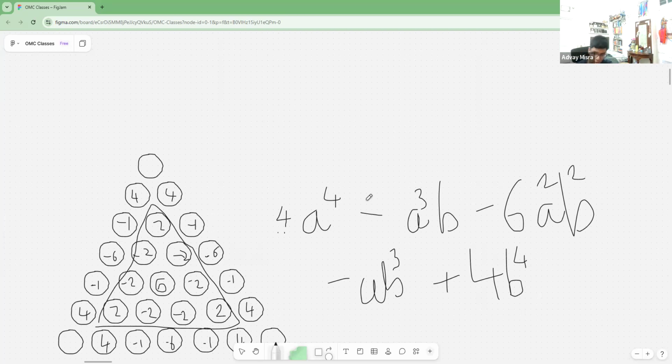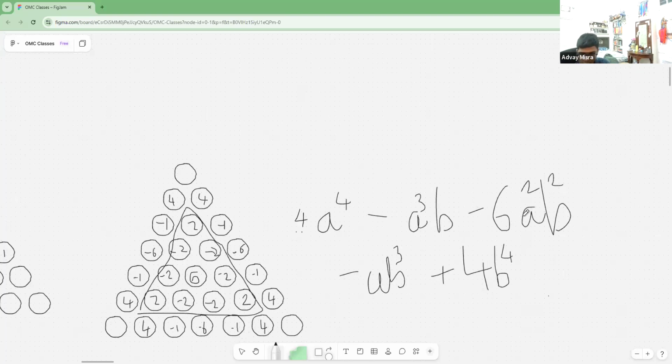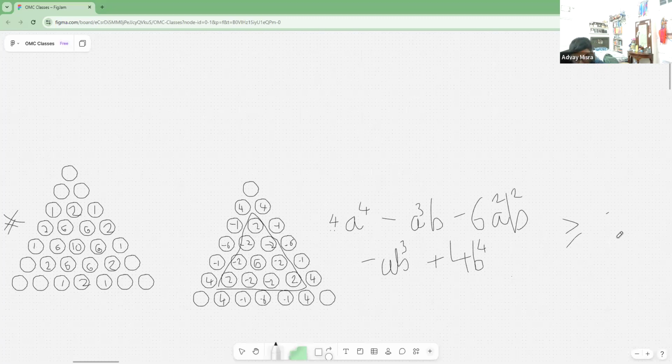So anybody got any ideas for this thing? We want to show this is greater than or equal to 0.